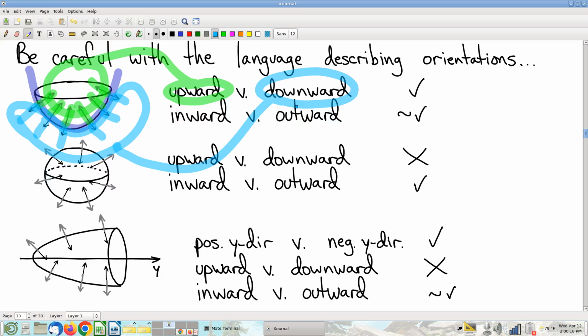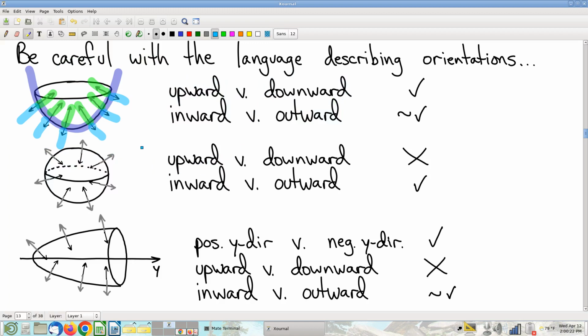And none of them point even slightly upward. So the point is, these terms, upward and downward, unambiguously distinguish between these two possible cases, even if they're not perfect descriptions. Of course not. But they remove all doubt as to which one you could possibly be talking about. Does that make sense to everybody?